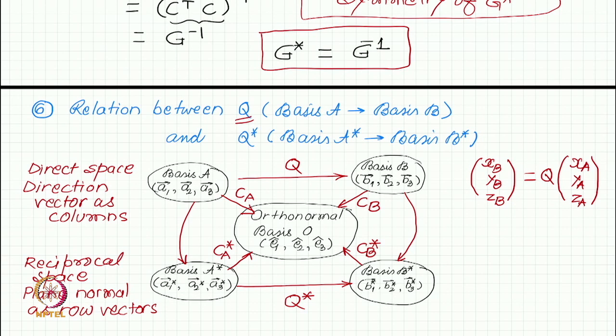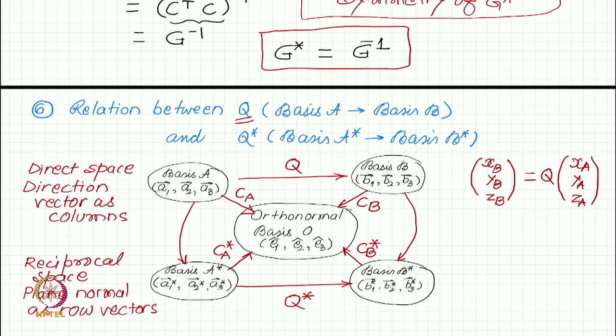So, Q, C A, C B, C A star, C B star and Q star. We have 6 matrices connecting these 5 different bases, and the goal is to find Q star in terms of Q.